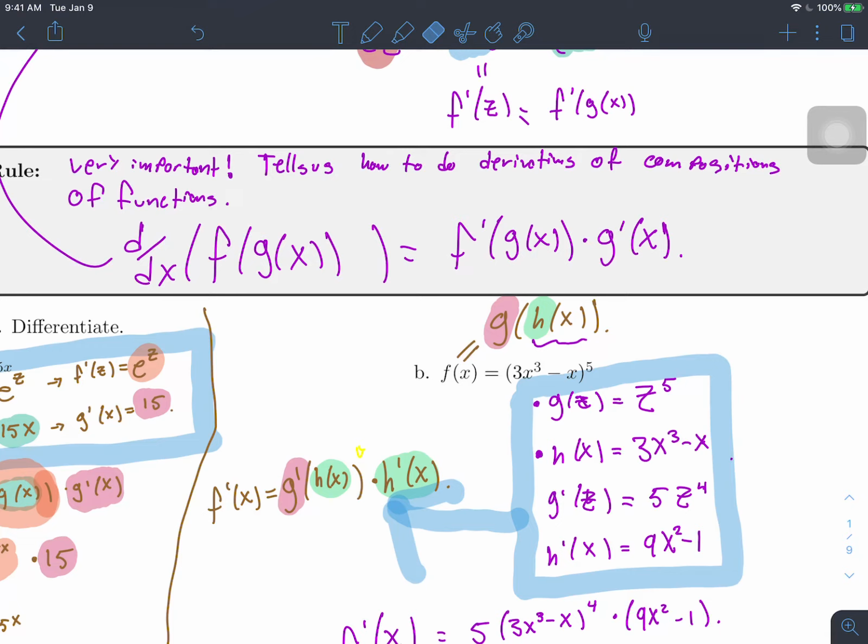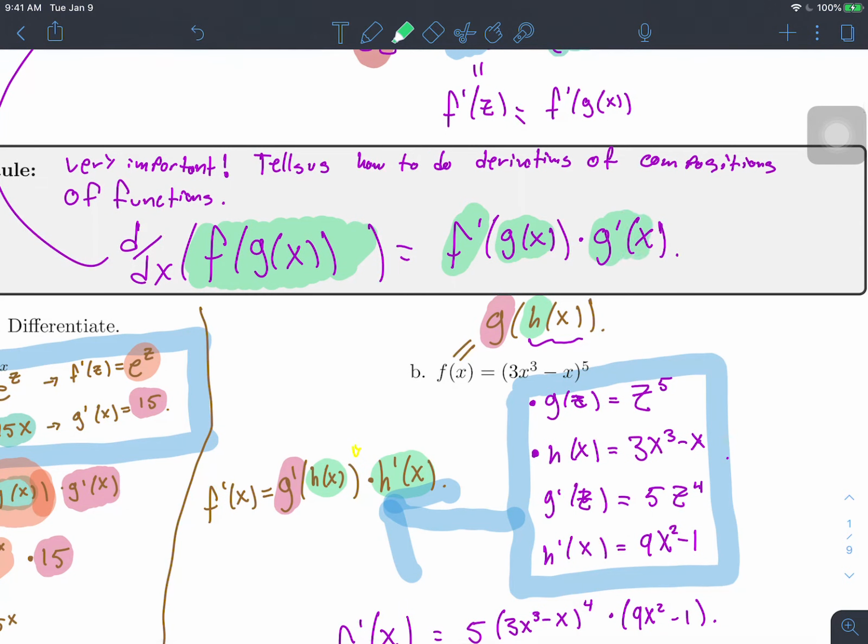Okay, so I'm talking about the information in this gray box here. It says, if we do the derivative of a composition of functions, f of g of x, then its derivative will be the derivative of the outside function, where we plug in the original inside function. And then we're going to multiply by the derivative of that inside function. Okay? That's how this chain rule stuff works.